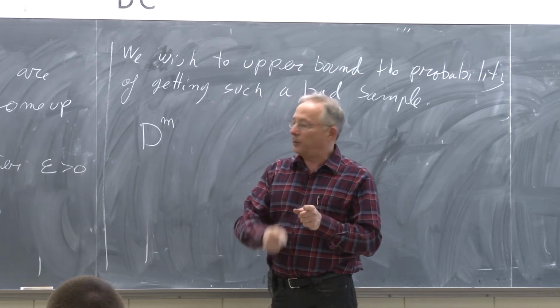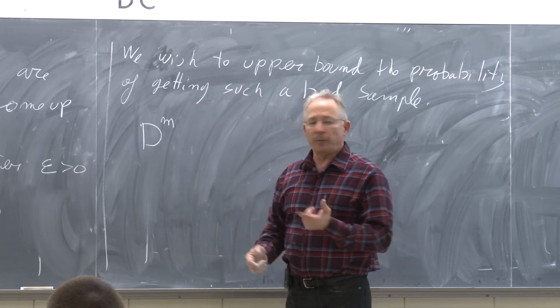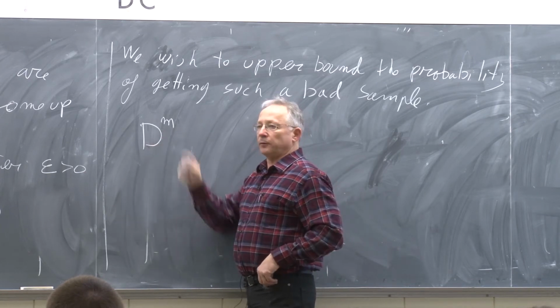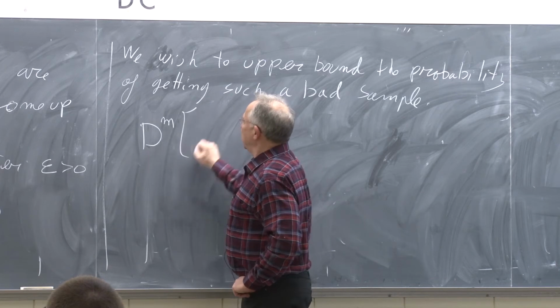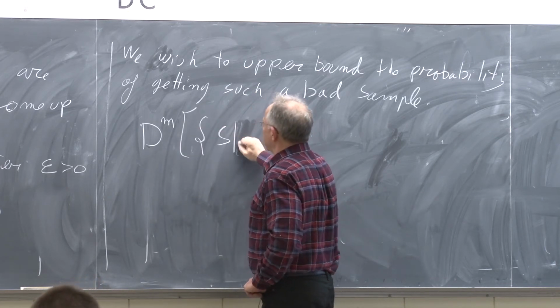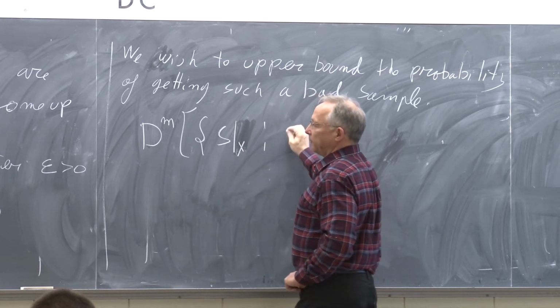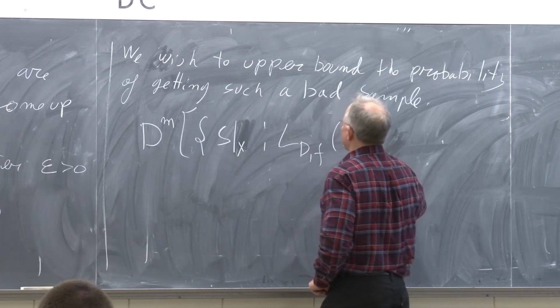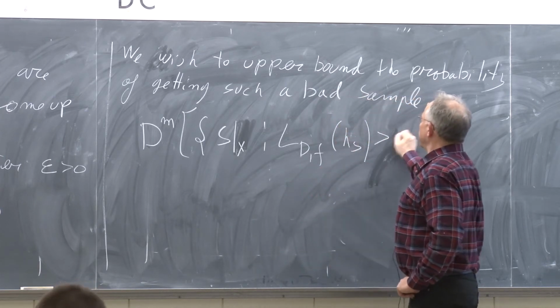I picked m points in my sample. So my probability is over m tuples. So I denote it by D to the m of the set of all S restricted to X, such that the loss of the resulting hypothesis is greater than epsilon.